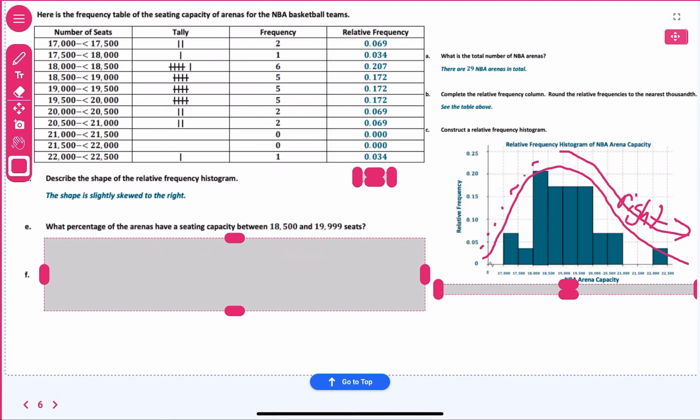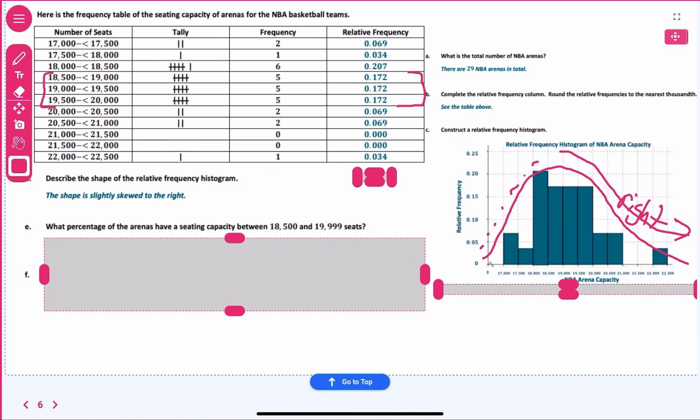E. What percentage of the arenas have a seating capacity between 18,500 and, let's just call it, 20,000? The easiest way to do this is to look at your chart, not necessarily your histogram. It's easier to read, I think. So 18,500 would be here to 20,000 would be here. So it's these 3 rows. Oh, and look, they're all the same.